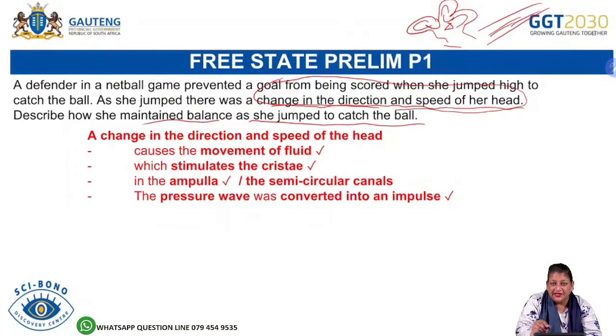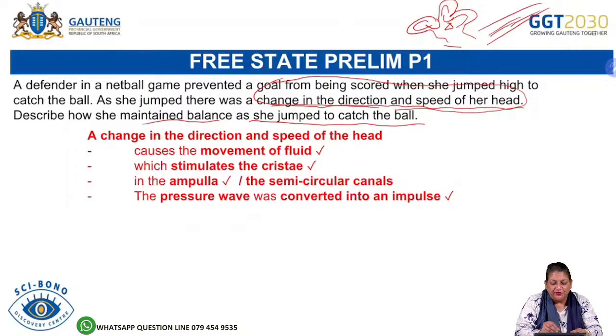Remember, inside the inner ear, there's pressure waves. Outer ear, sound waves. Middle ear, sound vibrations. Inner ear, pressure waves. So, when you change the speed and direction of your head, the fluid in the semicircular canal will stimulate the cristae, and then it's going to stimulate and cause a pressure wave.